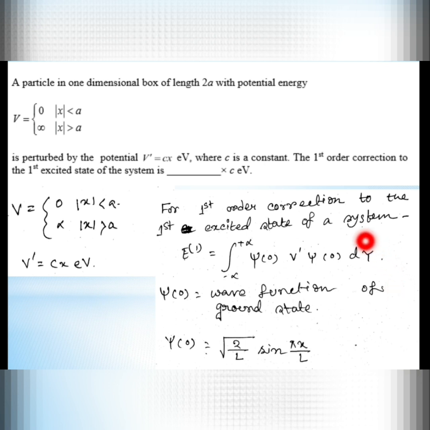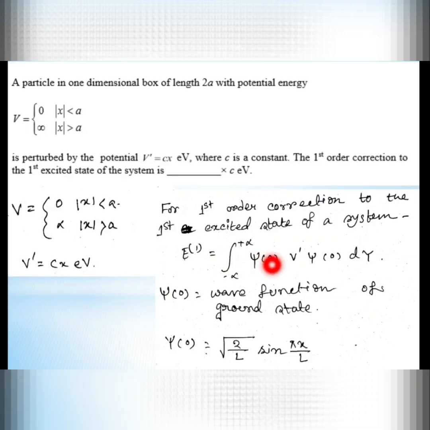For a particle in a one dimensional box, psi 0 is equal to root 2 by L into sin n pi x by L. As it is in the ground state, n is equal to 1, so this is root 2 by L sin pi x by L. Here L is equal to 2a, the length of the box.